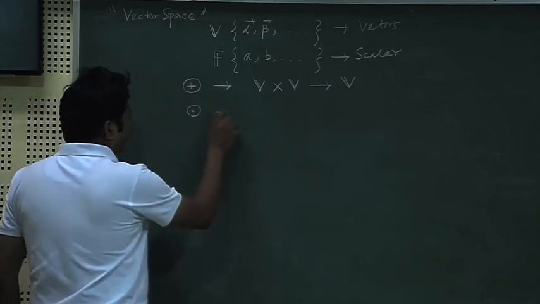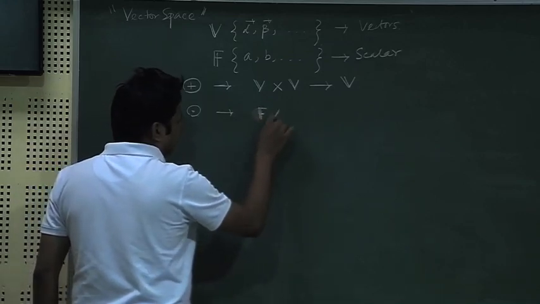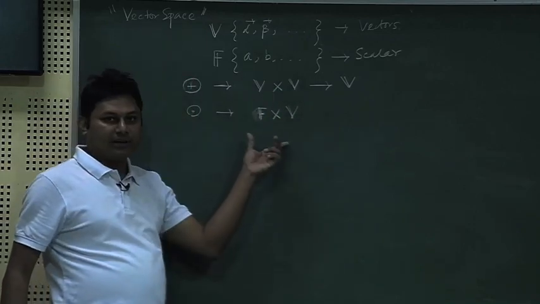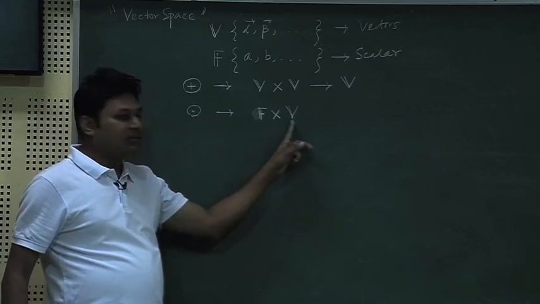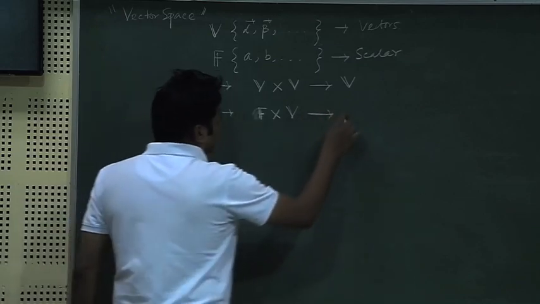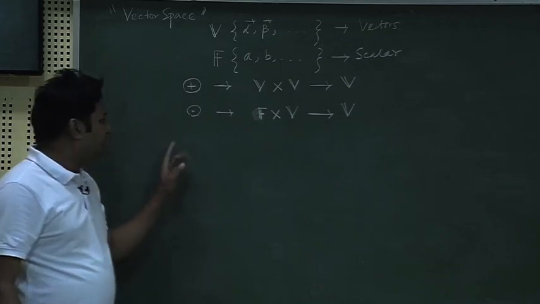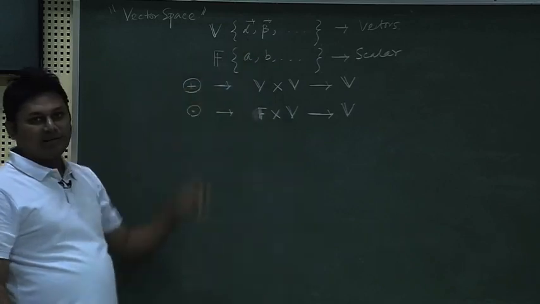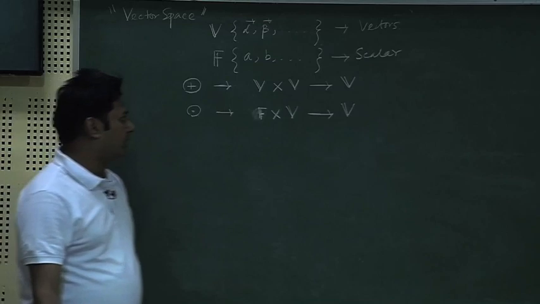In a similar way, for dot I take one element from the field and one element from the vectors, and whatever result I get is a vector. This is the rule you should remember.